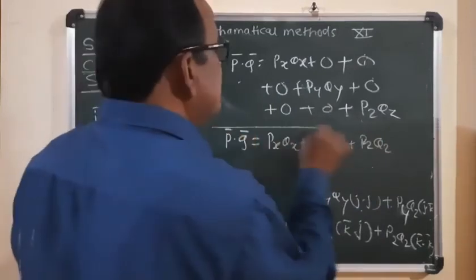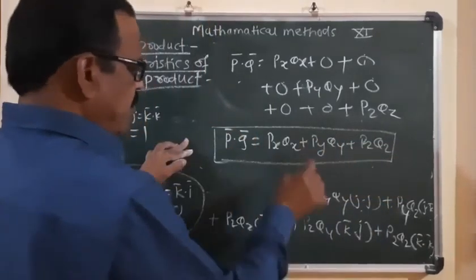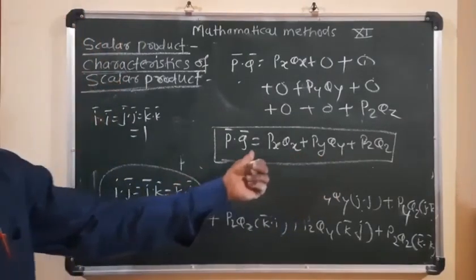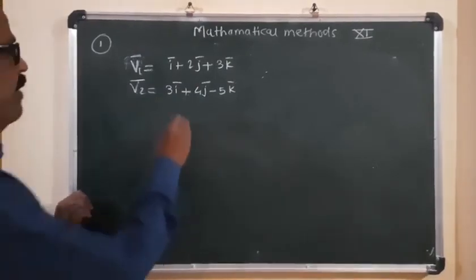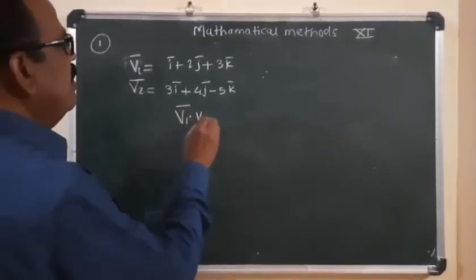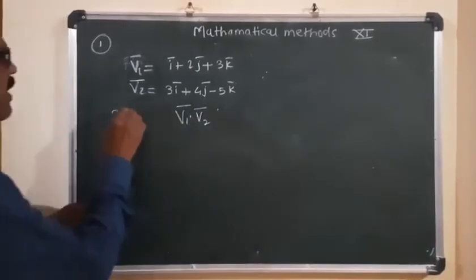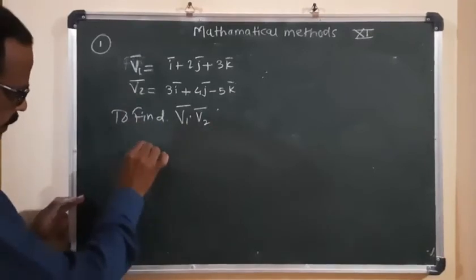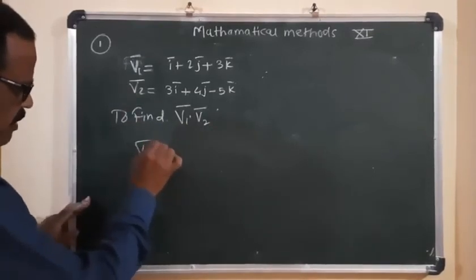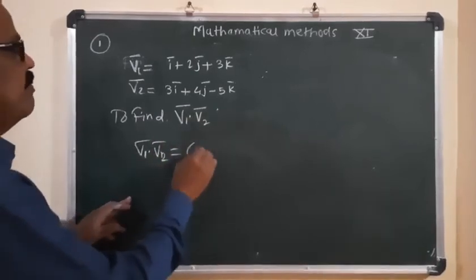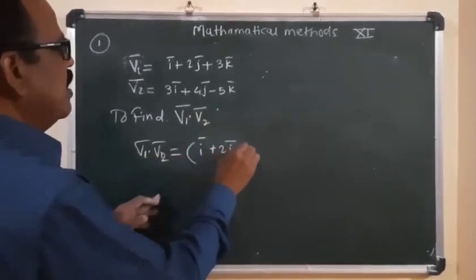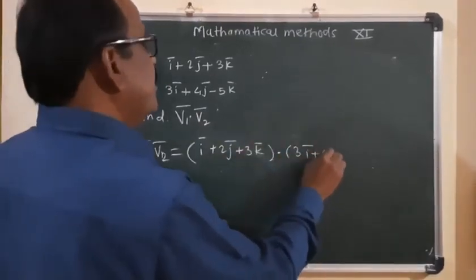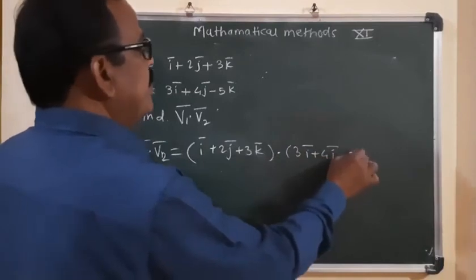With the help of this equation, or by using these characteristics, we can solve the problems in the given exercise. That is, V1 bar dot V2 bar to find. Here V1 bar dot V2 bar is equal to first bracket I bar plus 2 J bar plus 3 K bar, dot, 3 I bar plus 4 J bar minus 5 K bar.